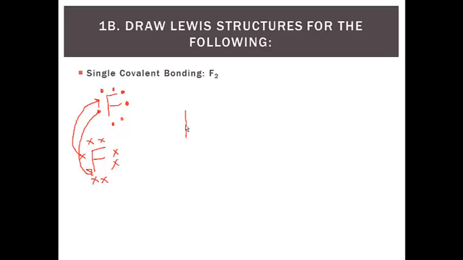So the way we'll draw this, that's my single bond. So we're talking about 2 electrons there. Fluorine has a total of 7. I've accounted for 1, so those other 6 that are left over need to go around here. And again, we can shift these around. Just make sure that they are paired up. If they're paired up over here when you first drew them, they should be paired up when you draw them for the Lewis structure.